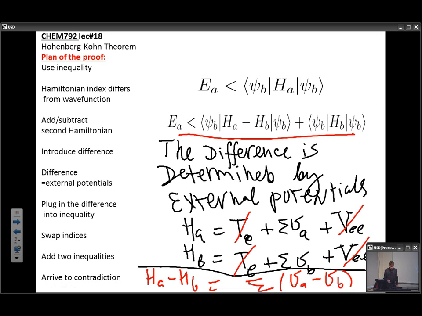So we are discussing the reconstruction of the potential created by ions based on the density of electrons. And here we see that this difference in external potentials also corresponds to the difference in molecular Hamiltonians. Okay. So if this is correct, then we can take this expression for the difference of Hamiltonians and plug it into this expression.